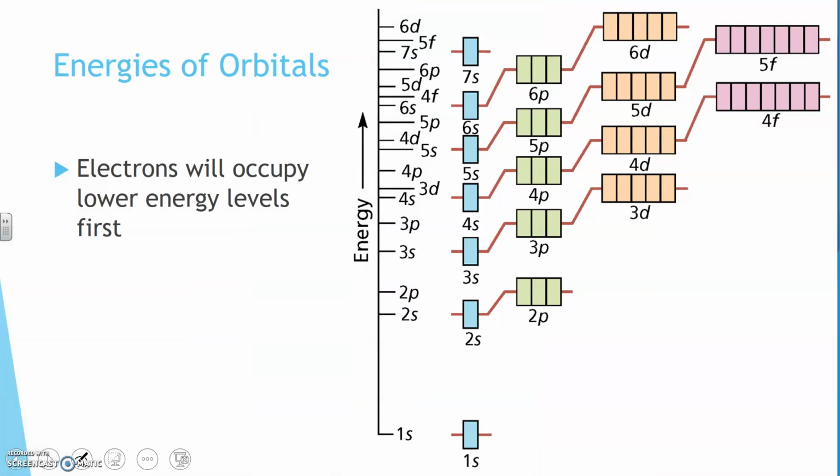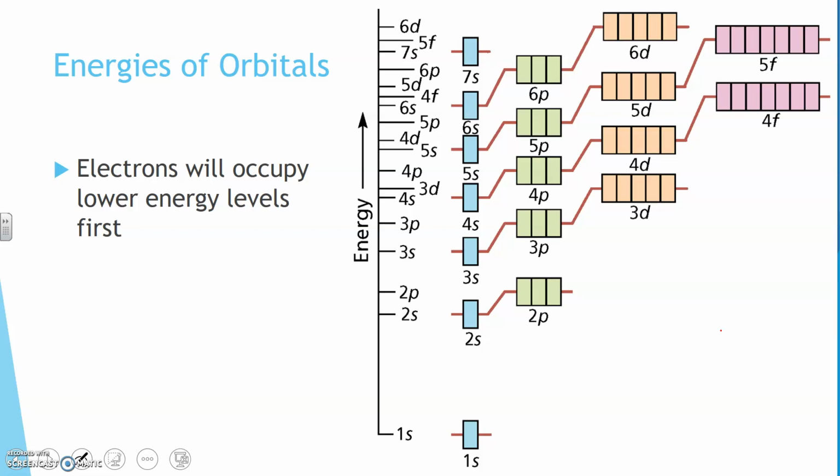Electrons will occupy the lower energy levels first, which means that they have a very specific order that they will go in. This is showing the order based on energy level going up. It's a little funky to look at. On the right side, you can see 1s is obviously the lowest, 2s is next.